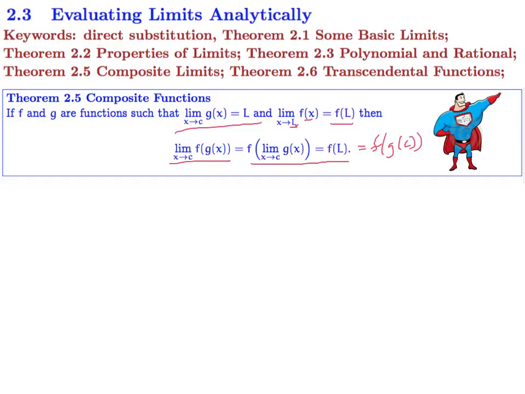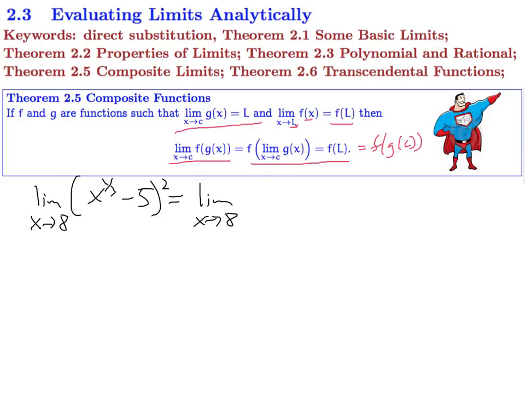So let's see how this works. Suppose you want to compute the limit as x approaches 8 of x to the 1/3 minus 5, the whole thing squared. Well, the first thing you want to do is rewrite this as a composition of two functions.